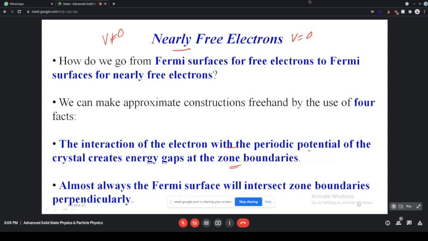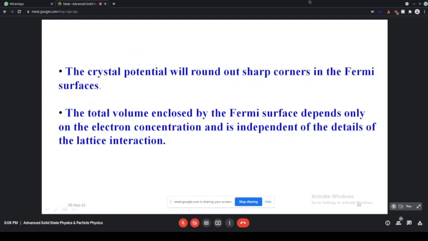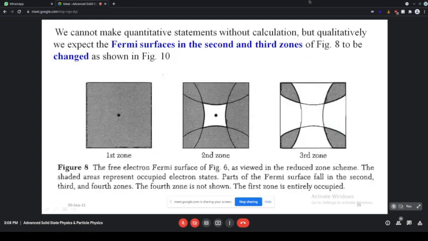Whenever we draw the Fermi surface, it will intersect the zone boundary perpendicularly, so the angle between the zone boundary and the Fermi surface will be equal to 90 degrees.